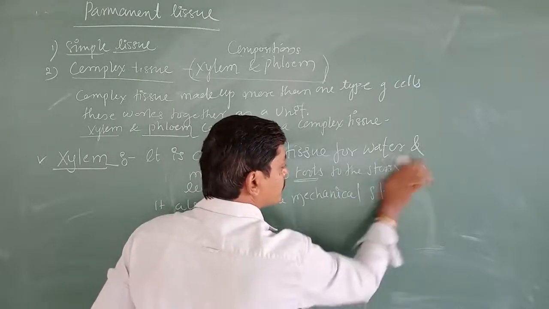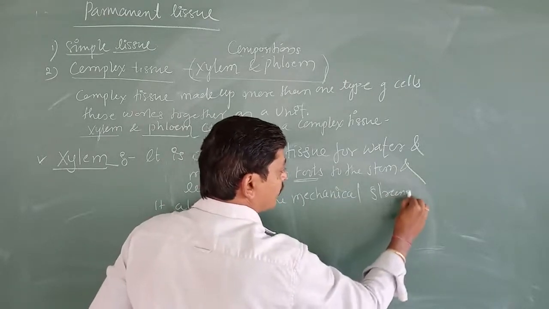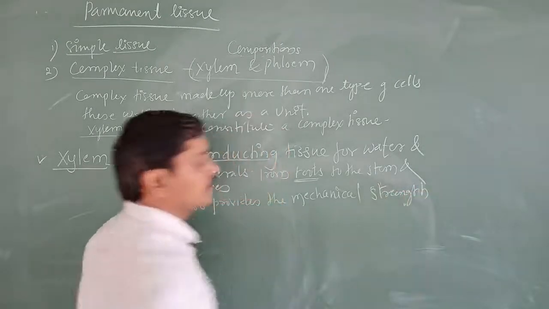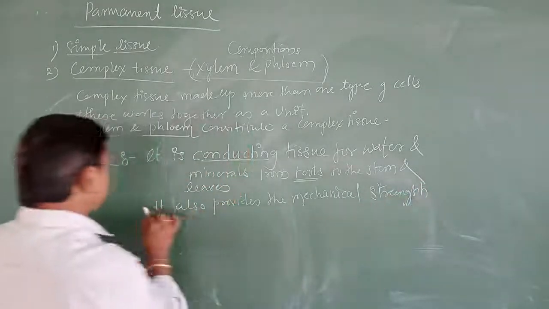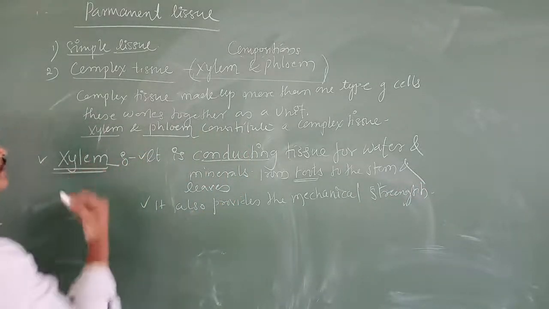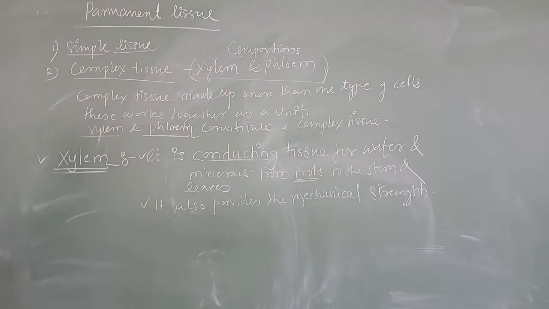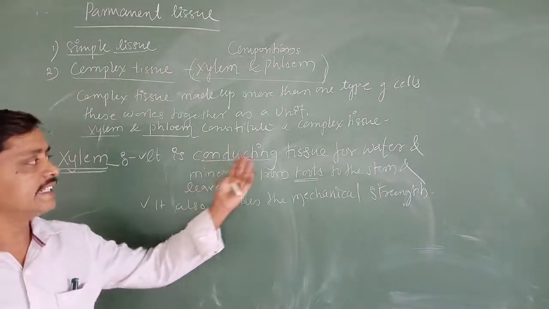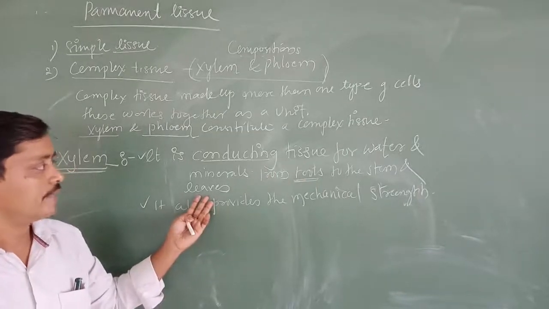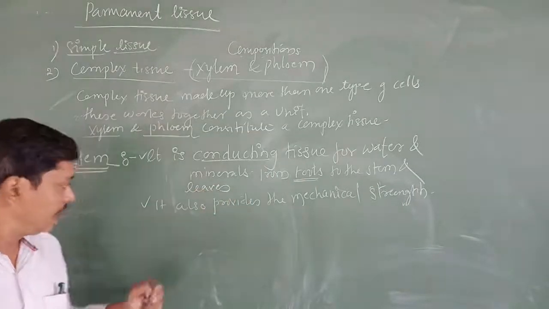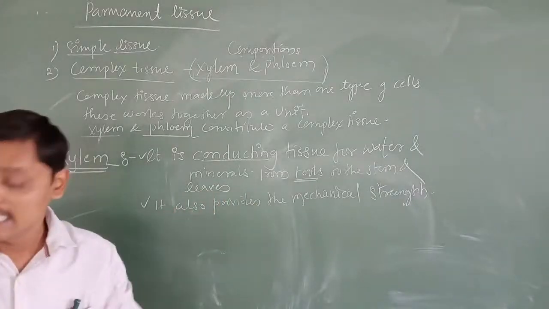These are the two important functions of xylem. Xylem acts as a conducting tissue for water and minerals from root to the stem and leaves, and it also provides mechanical strength.